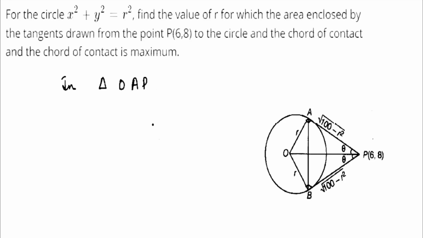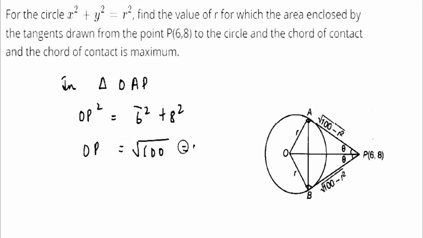So therefore I can write OP square is equal to 6 square plus 8 square. Therefore OP comes out to be under the root of 100, which is 10 units. So OP is equal to 10 units.